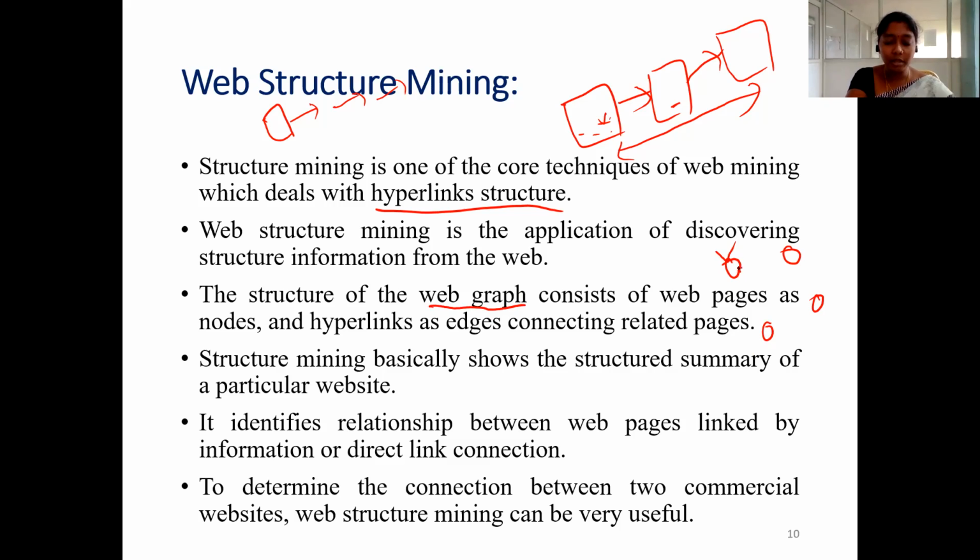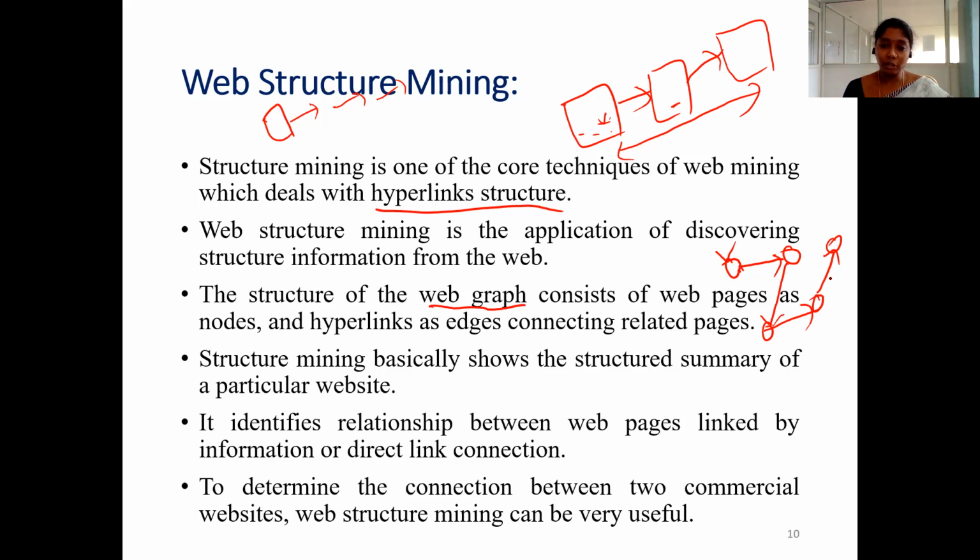And here is a hyperlink by clicking which you can be redirected to this page. And by another hyperlink you can be redirected to this page. And again from this page to this page, again from this page to this particular page. Like that, this web structure can be represented with a web graph consisting of web pages as nodes and hyperlinks as edges connecting related pages.